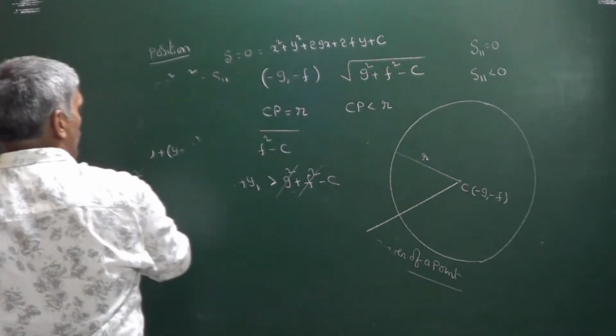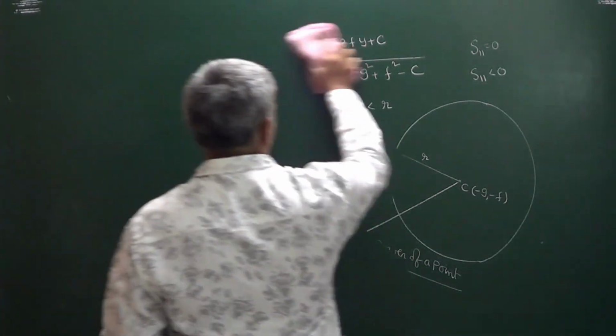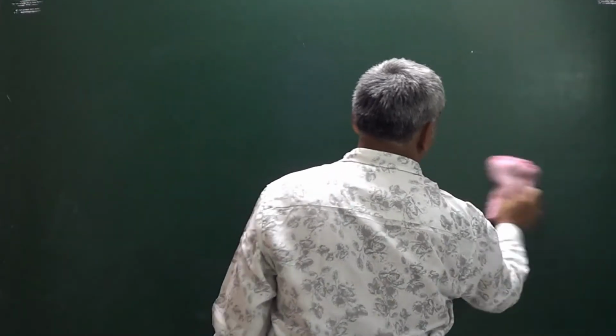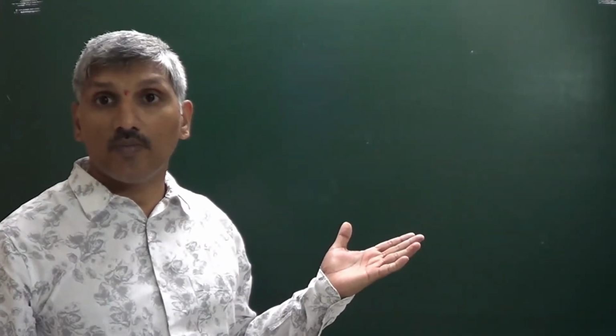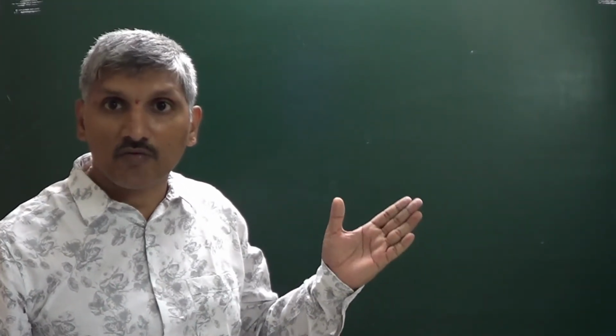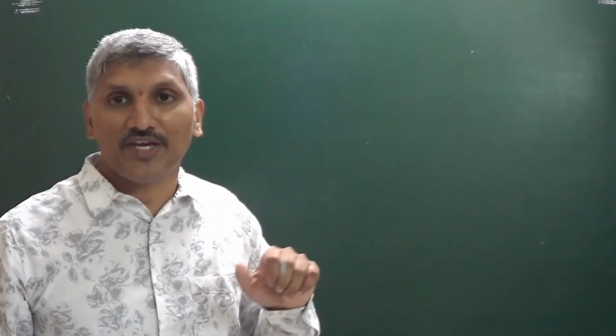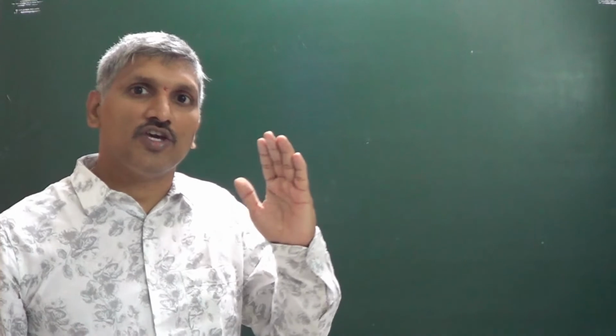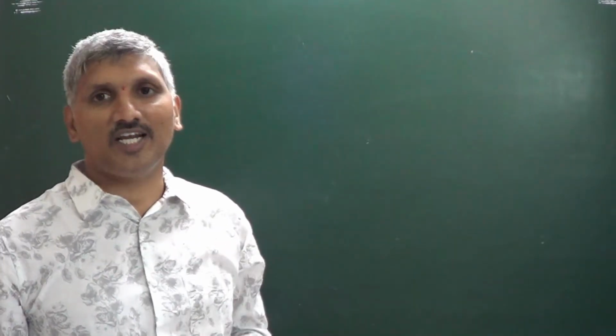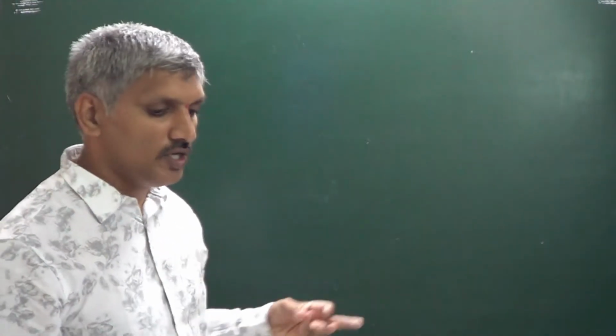So that is about the position of a point with respect to a circle. If (x1, y1) is outside the circle, then S11 greater than 0. If the point lies inside the circle, S11 less than 0. If the point is on the circle, S11 is equal to 0.